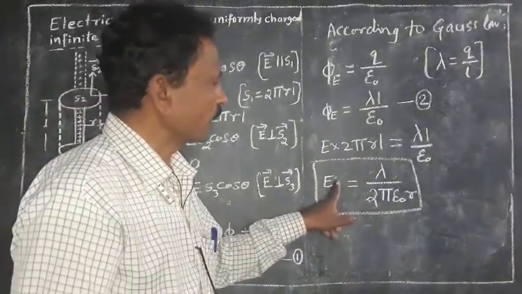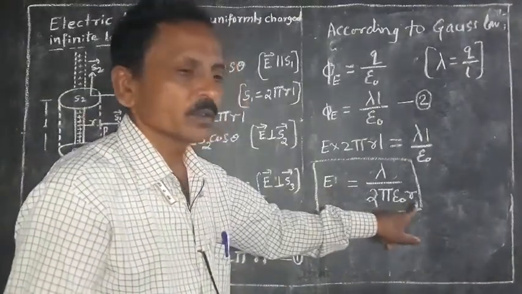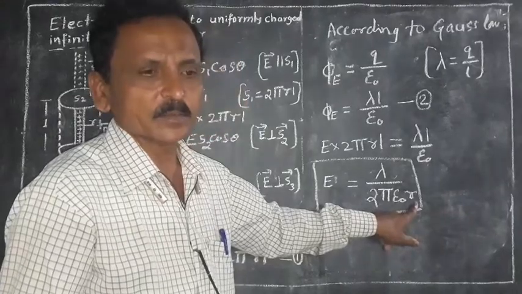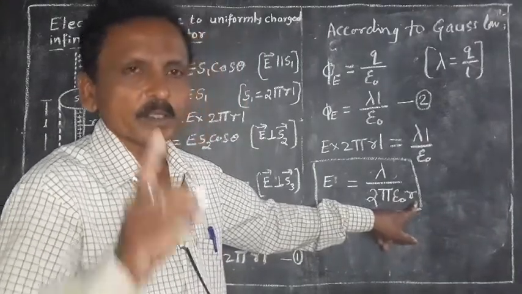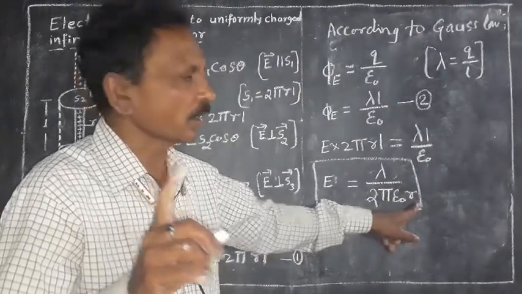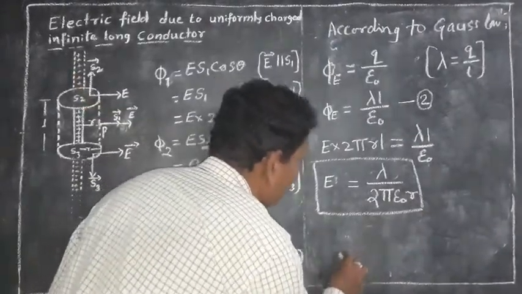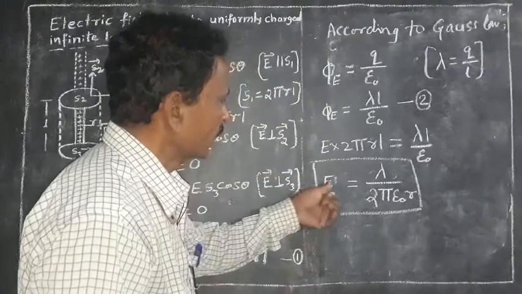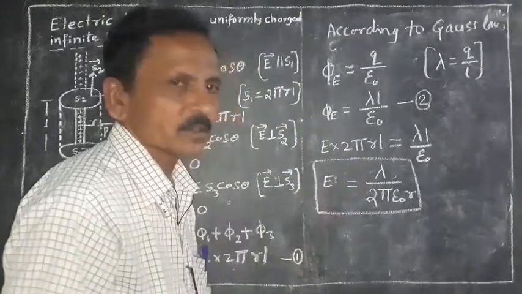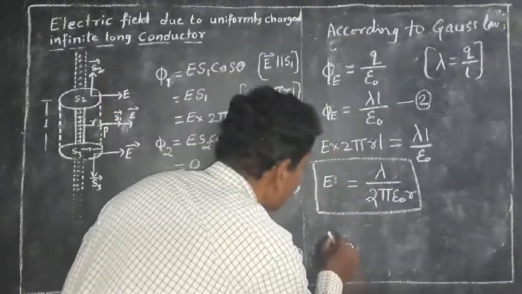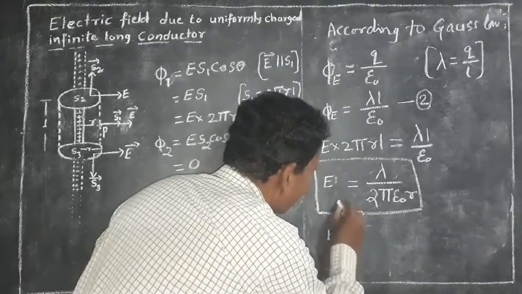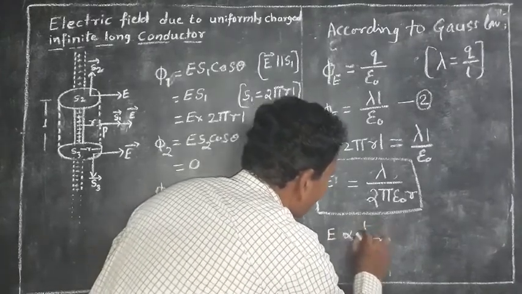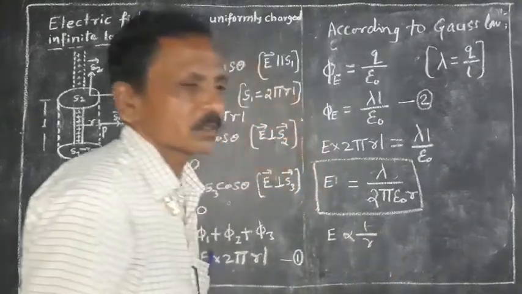And here intensity is inversely proportional to distance. In case of a point charge, electric intensity is inversely proportional to the square of the distance. In case of a continuous linear charge distribution, electric intensity is inversely proportional to the distance of the point.